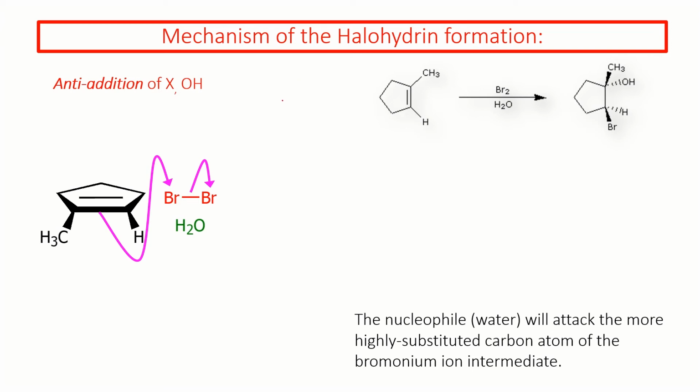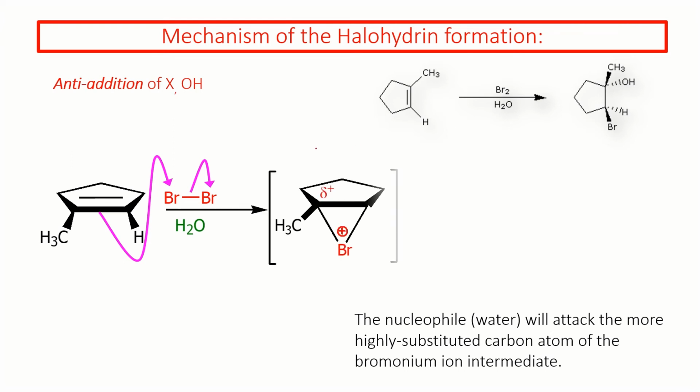The first part of the mechanism is the attack on the halide to form the bromonium. Water, due to mass effects, will then attack the Markovnikov center, i.e. the most substituted carbon of this bromonium species.